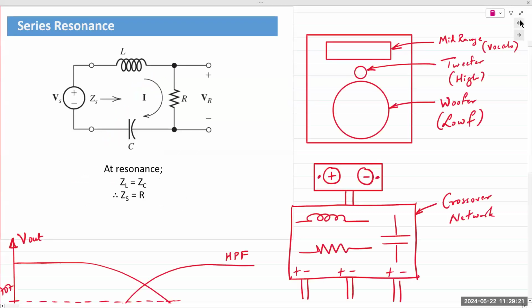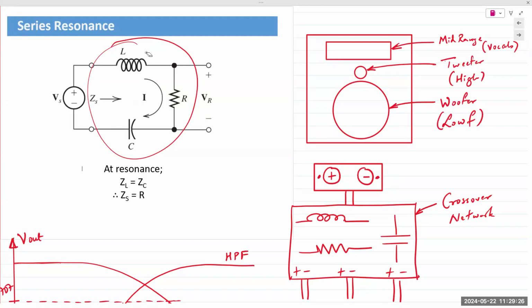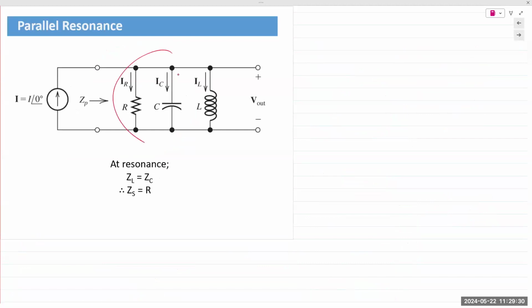If we connect all three components in series, RLC, we get a series resonant circuit. When you connect it in parallel, you get a parallel resonant circuit. The effect is still the same. At resonant frequency, ZL and ZC combine, but because they're connected in parallel, it goes to infinity.